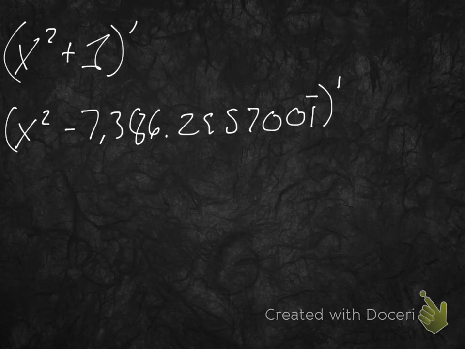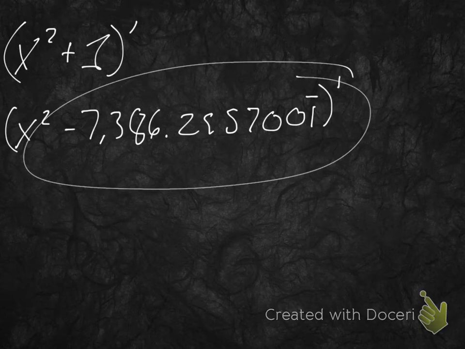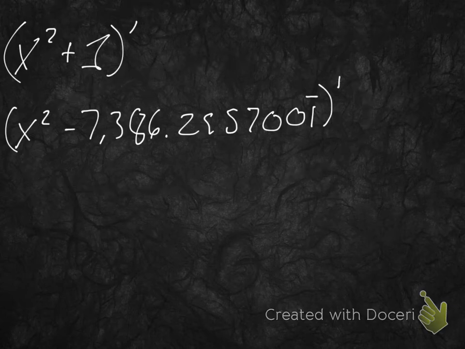So we know it's the derivative of x squared plus the derivative of 1. This is the derivative of x squared minus the derivative of 7,386.2957001 repeating. Well, what do 1 and this giant ugly number have in common? They're both constants. So the derivative of any constant is 0. So this is the derivative of x squared plus 0, 2x. This is the derivative of x squared plus 0, 2x.